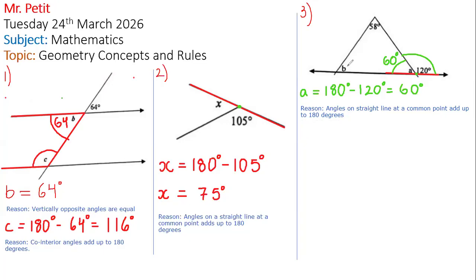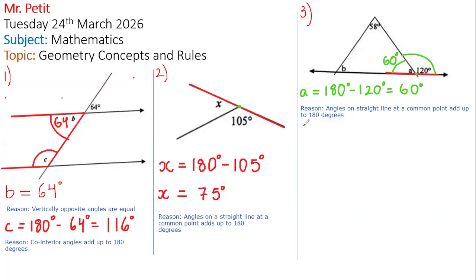Do you know how we're gonna get B? We know that A is 60. How are we gonna get B? Any idea? So let's do B. So B is gonna be equal to... Brian Johnson, you have any idea how we're gonna get B?